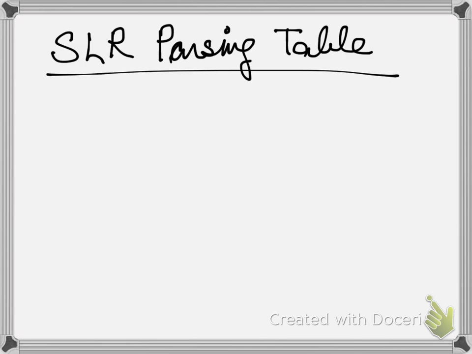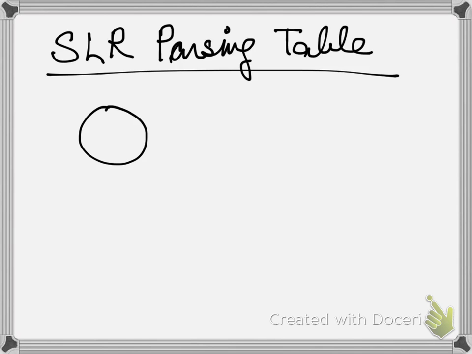As I have mentioned, the difference between SLR parsing and LR0 parsing is the table construction. That is a very slight difference. For shift, you have no problem. You can do shift exactly the same as in LR0.